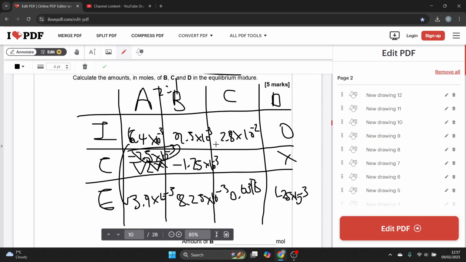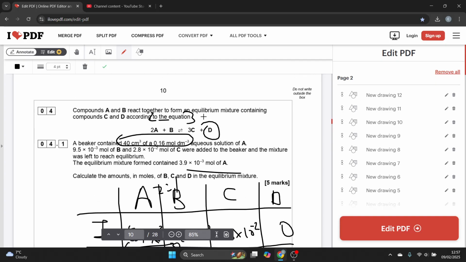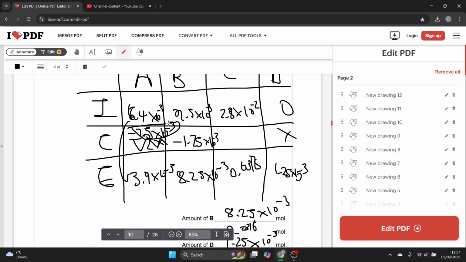So for B it is 8.25 times 10 to the power minus 3. For C it is 0.0318, and for D it is 1.25 times 10 to the power minus 3. Be aware of the mole ratios, and yeah, that's really it.